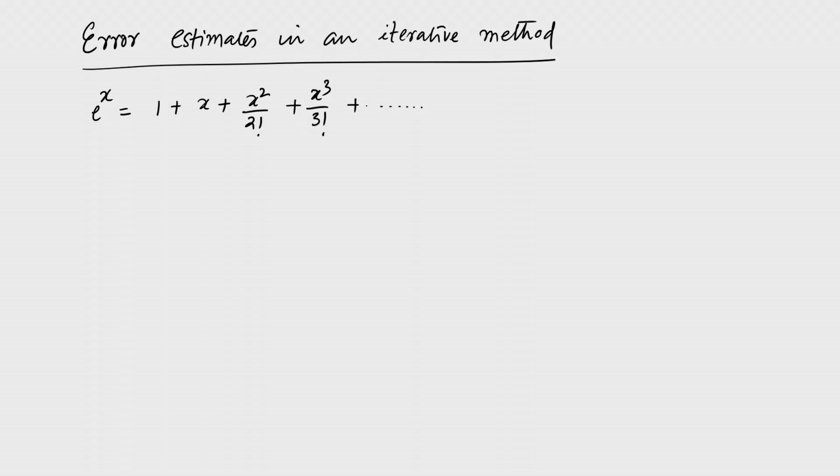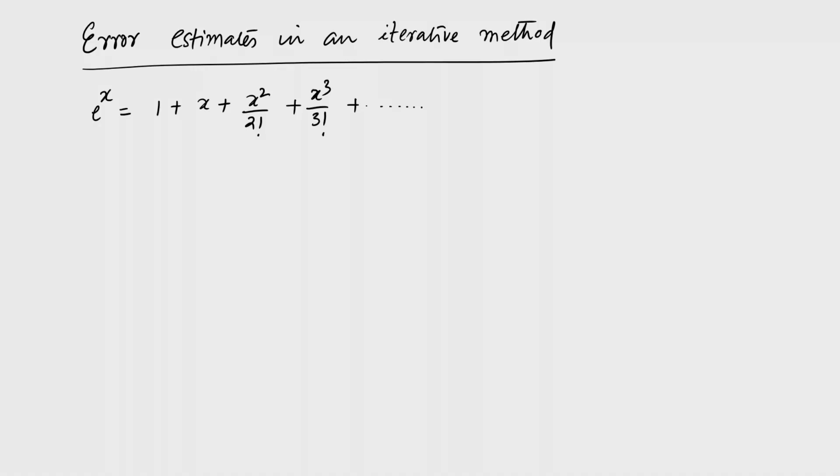But since that is not possible in a numeric method, we will have to truncate this series after a certain number of terms, and this approximation will make sense if the error associated with it is small and can be ignored. Let us see an example.